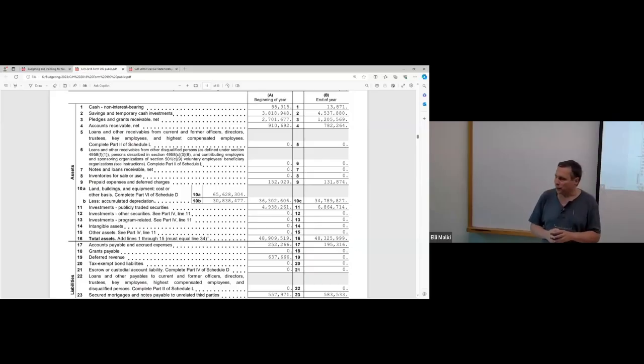Fixed assets represent all the assets that are not financial. That can be computers, desks, chairs, cars, property. In this case, it's a museum, so they have property. Any investment in the property, like air conditioning, plumbing, etc. Also, under fixed assets, we will have investment in software and website, which are also considered fixed assets.